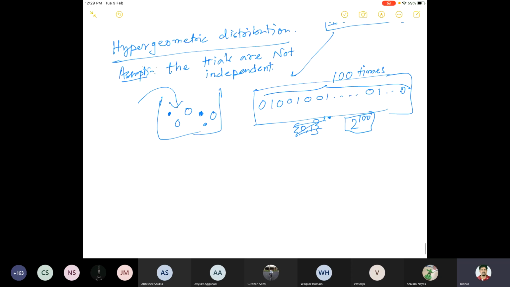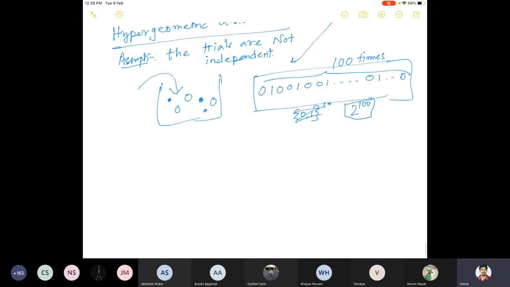There are many parameters in this distribution. First of all, consider a set or a collection of, let's say, capital N elements, like red and white balls. You have two different colors.